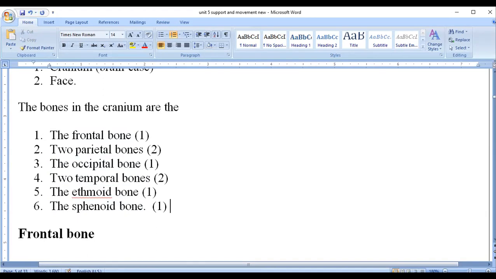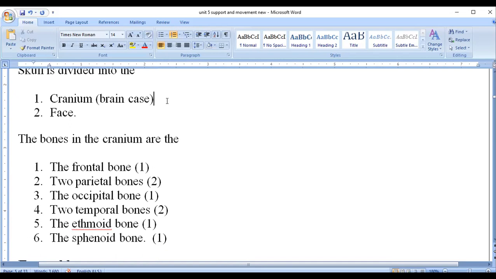Altogether, 1 plus 2 plus 1 plus 2 plus 1 plus 1, how many bones make the cranium? 8 bones. Out of 21 bones, 8 bones make the cranium, so the remaining 13 bones make the face. Are you clear? Right.